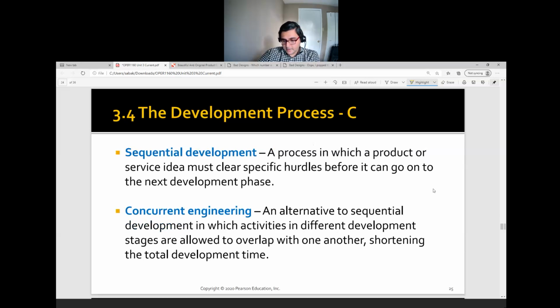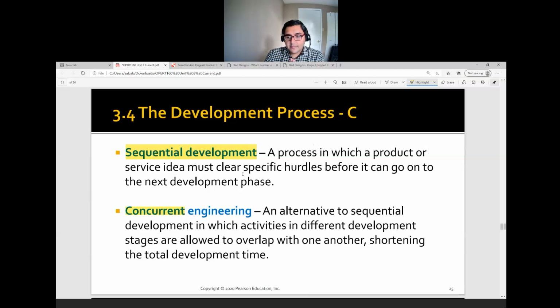Now, a few more points in this chapter will be very useful for you in the midterm. After CPDPL, when you try to develop a product, there are 2 ways in which it can be developed. One method is called sequential development, and the second method is called concurrent engineering.